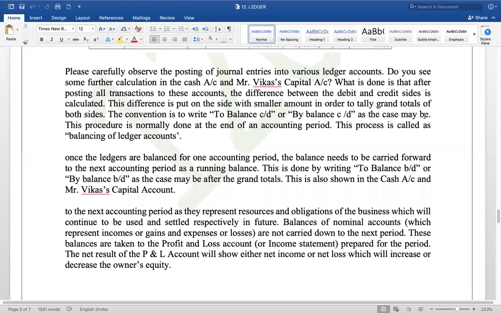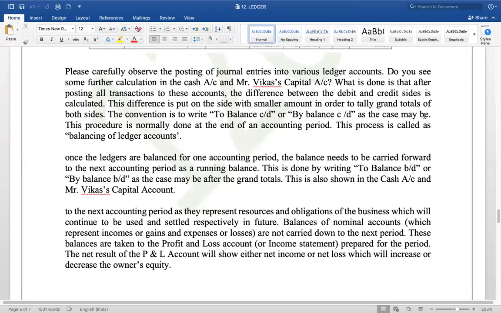Now you read. Who will read? Maria, will you read the first paragraph? Yes, sir. Please carefully observe the posting of journal entries into various ledger accounts. Do you see some further calculation in the cash account and Mr. Vikas capital account? What is done is that after posting all transactions to these accounts, the difference between the debit and credit side is calculated.